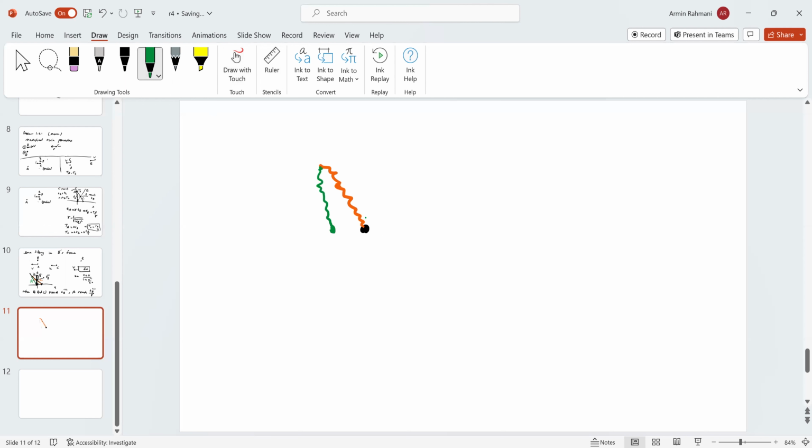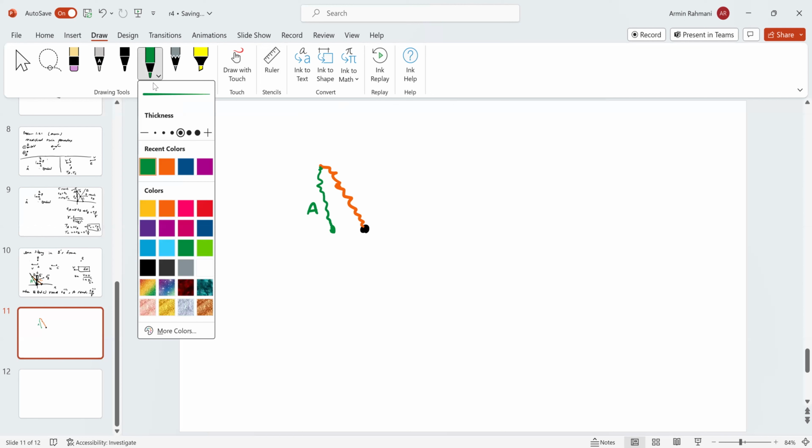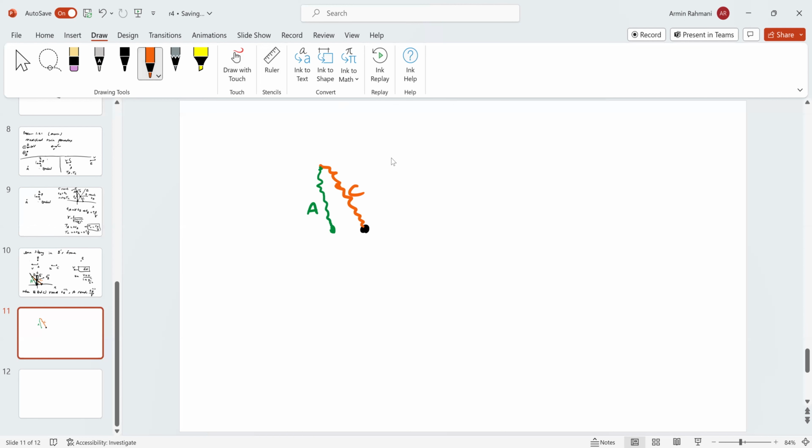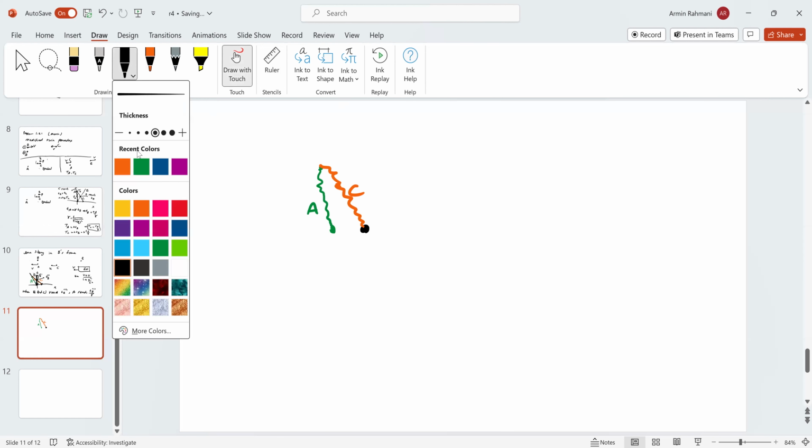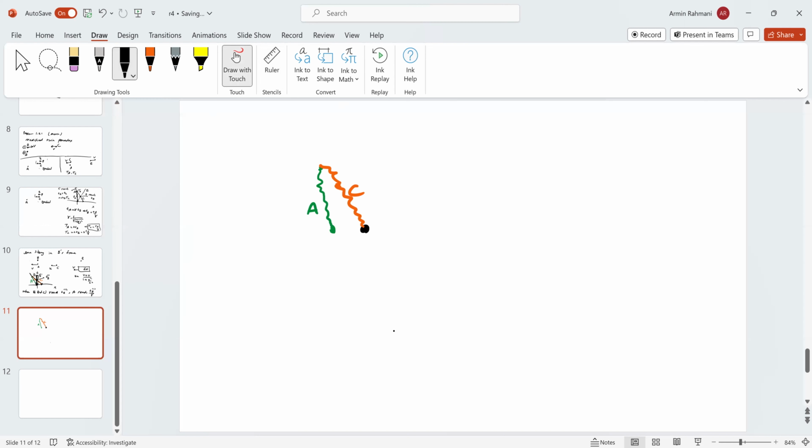So that's my A. That's my C. So this length from here to here, that's the meeting between B and C. This is the line of B here. And this time from here to here, we called it T2 in B's frame.